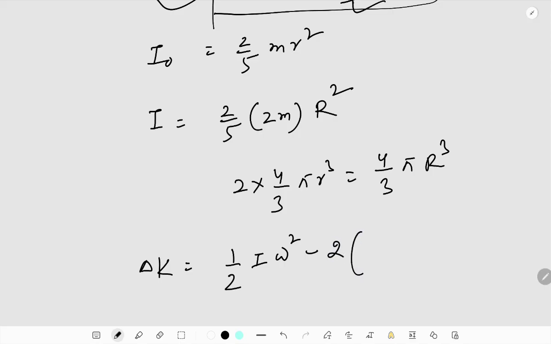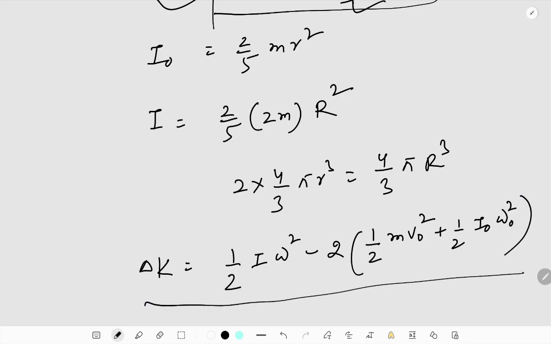The initial kinetic energy consists of two kinds, translational as well as rotational. For both bodies you simply multiply by 2, and you can write the translational kinetic energy like this, and the rotational kinetic energy, with omega naught, and you will get the change in kinetic energy as well.